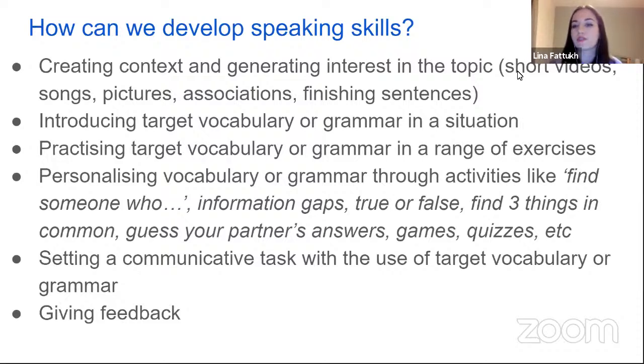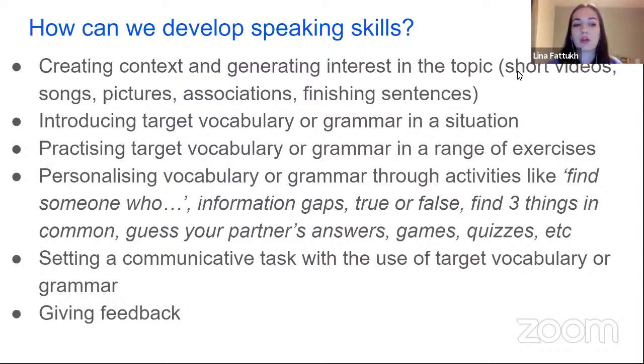One is false and the others are true. Read your sentences to your partner and let them guess. So we personalize the vocabulary and the grammar that we've just learned. We use it in sentences in a context, in a situation that is close to us. We try to make it our own by talking about ourselves.